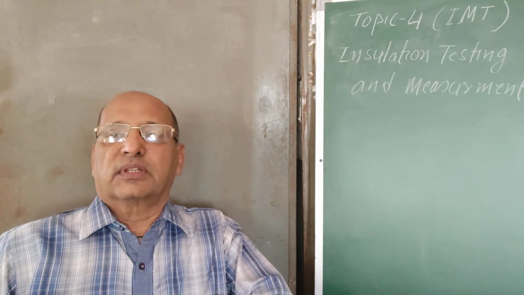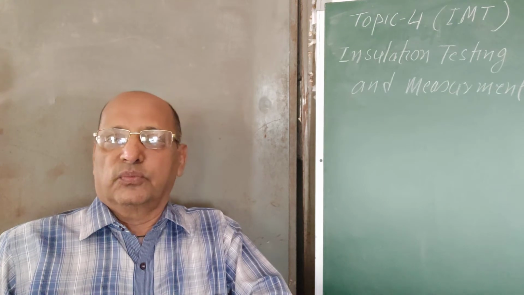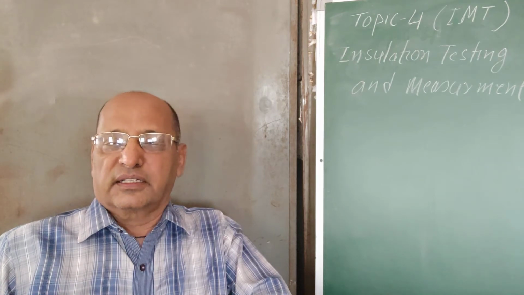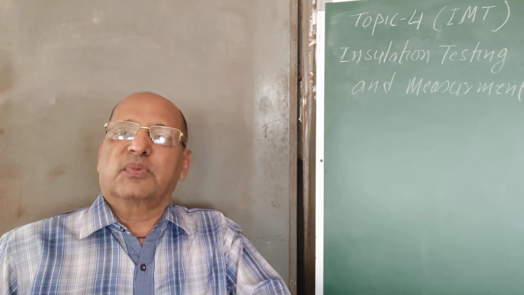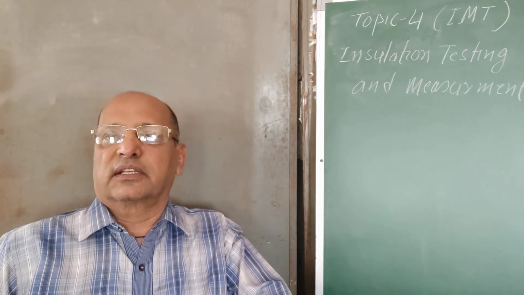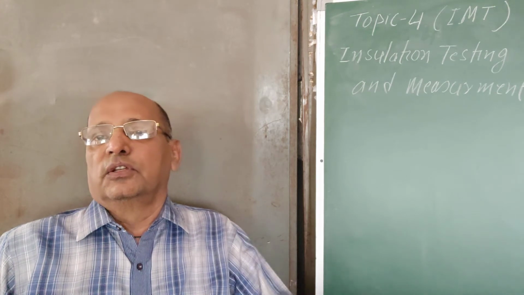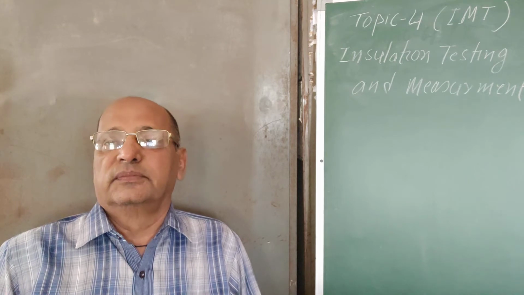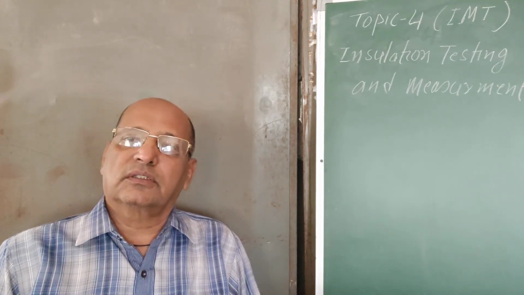The non-conducting part means the body of the equipment and the earthing, and the conducting part is the conductor through which the current passes, or across which we apply the voltage. So insulation prevents any current flowing from the conductor to the earth or to the body of the equipment.